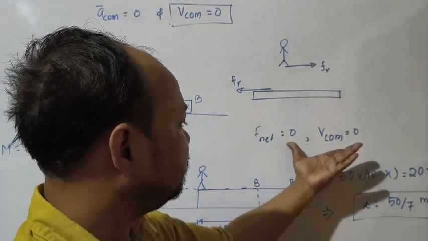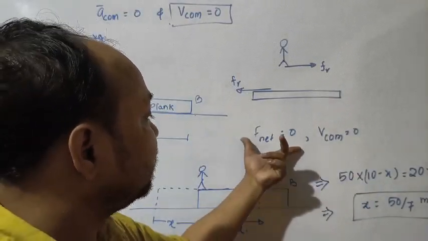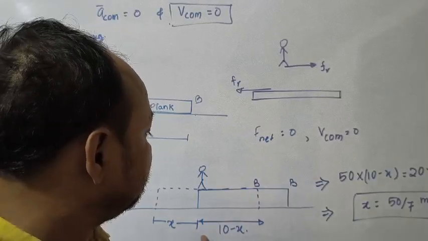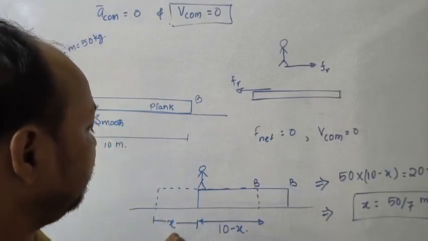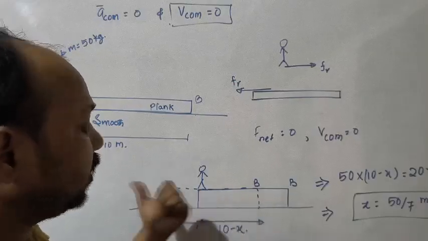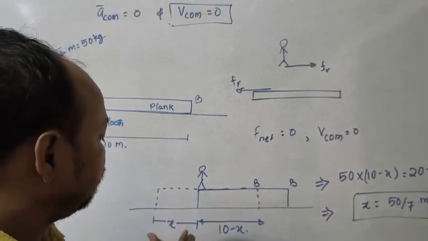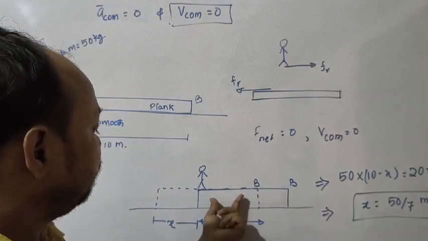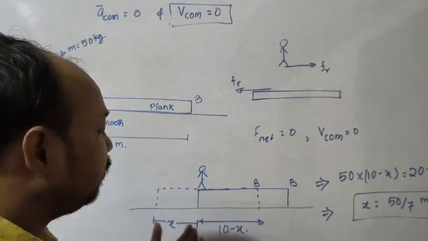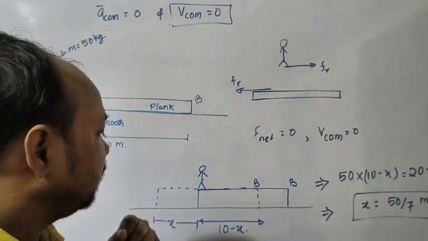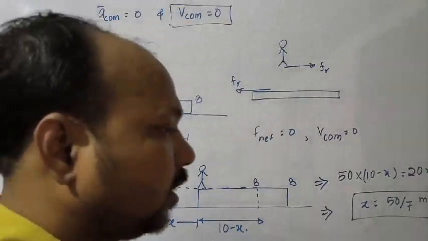If they are 0, F net is 0 in the x direction, so we can apply this. The plank is moving along the horizontal direction in the backward direction, so the backward shifting is equal to the forward shifting. Next we will see another example.